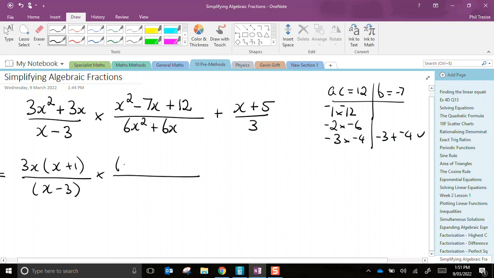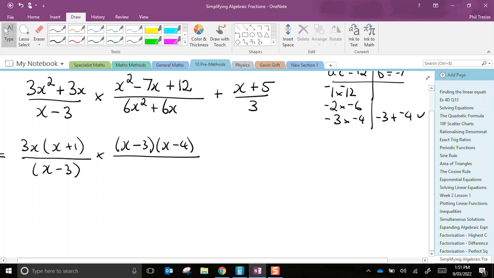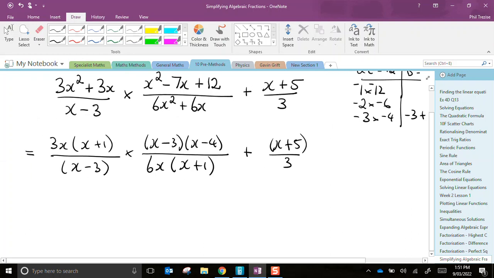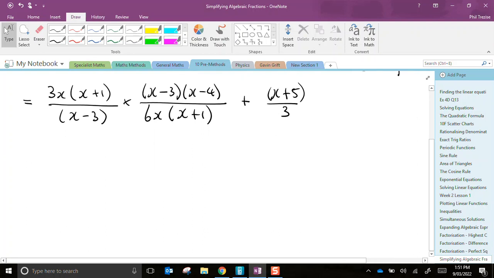Those are my numbers. It is x subtract 3, x subtract 4 as the factorisation. Now my denominator for this one has a common factor of 6x, and that would leave x plus 1, and I still have plus this bit over here, x plus 5 over 3. Now, order of operations. I must multiply before I add. So here I go. Now with multiplying fractions, that's easy.